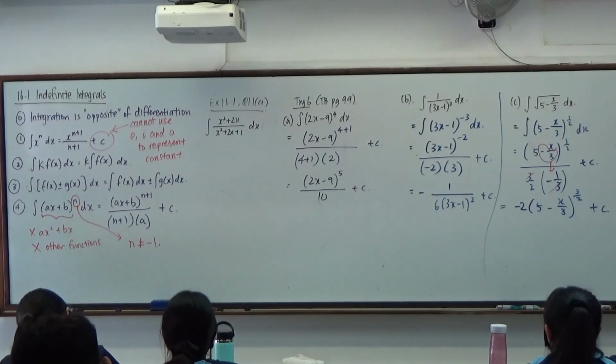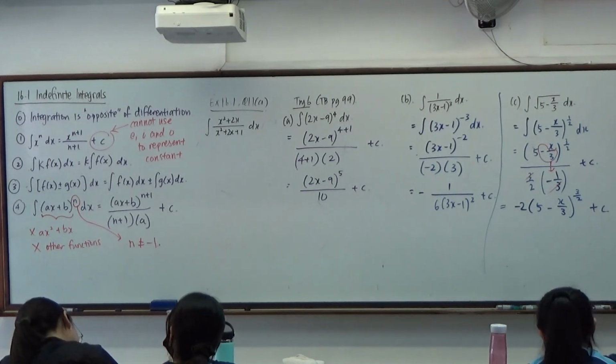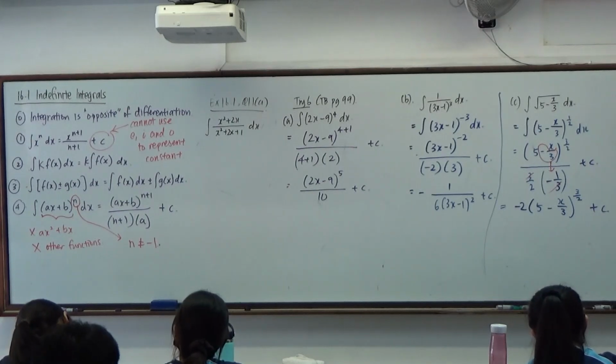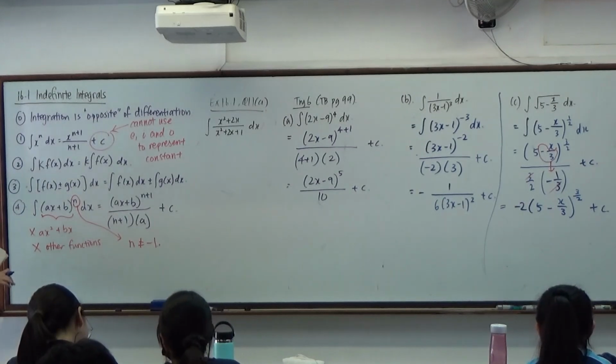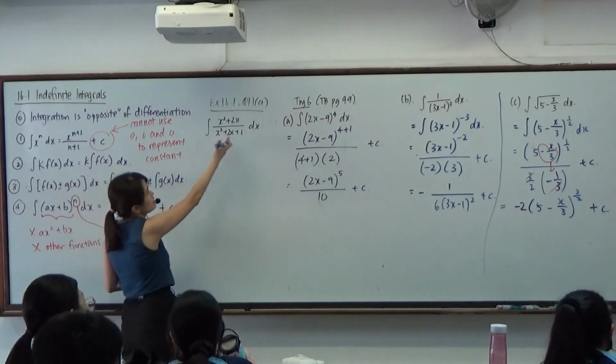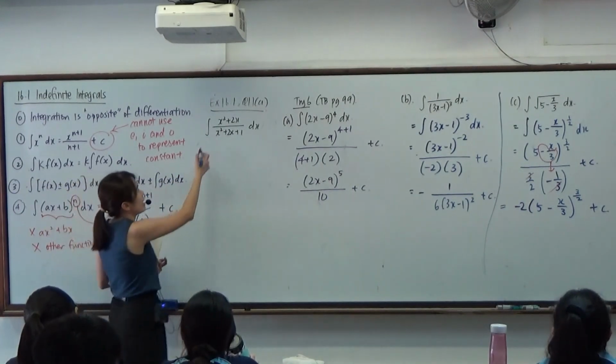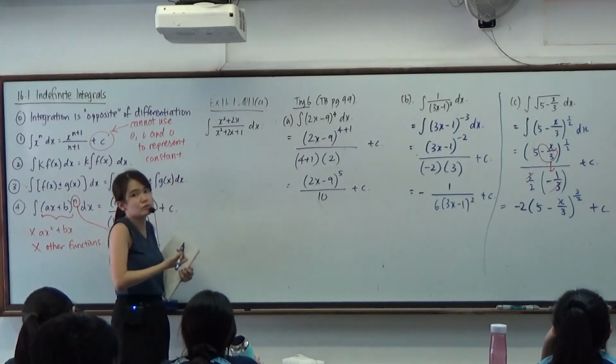The challenge in this question is that we don't have a quotient rule for integration. We are only limited to this set of rules when it comes to integration. So how will we deal with this? There's also nothing for us to simplify. You cannot cancel away the x squared, cannot cancel away the 2x.